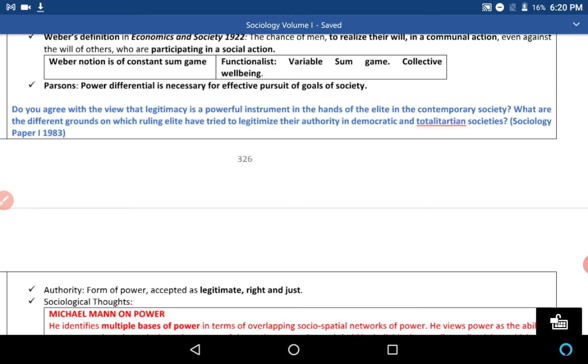Here you will first of all quote your understanding of this, then you can aid your answer with the views of different sociologists, and you can also tell what the grounds are that the ruling elite use to legitimize their authority. Now there is a report by the Association for Democratic Rights, on politics and criminalization, so you can use it to answer this question.